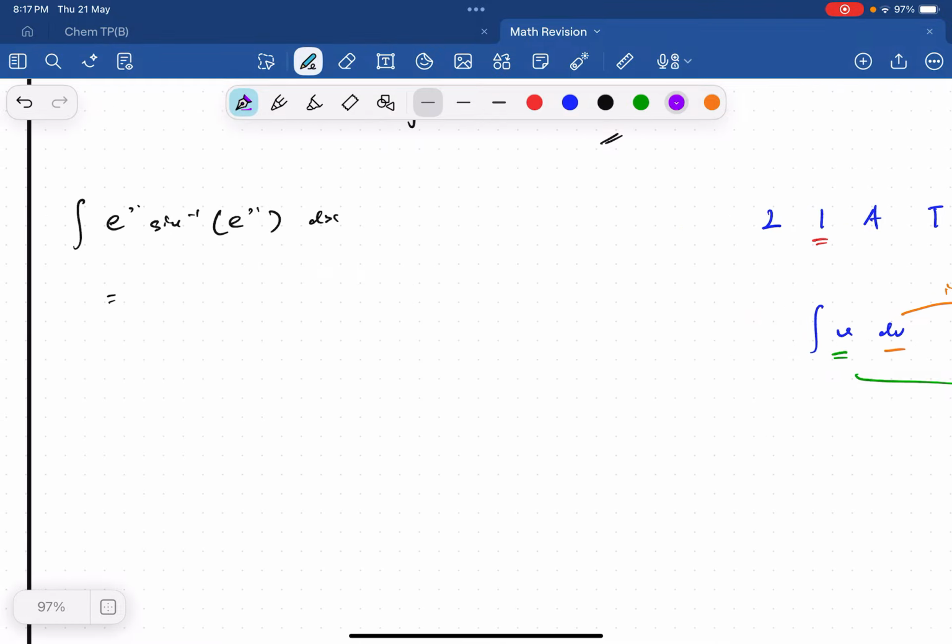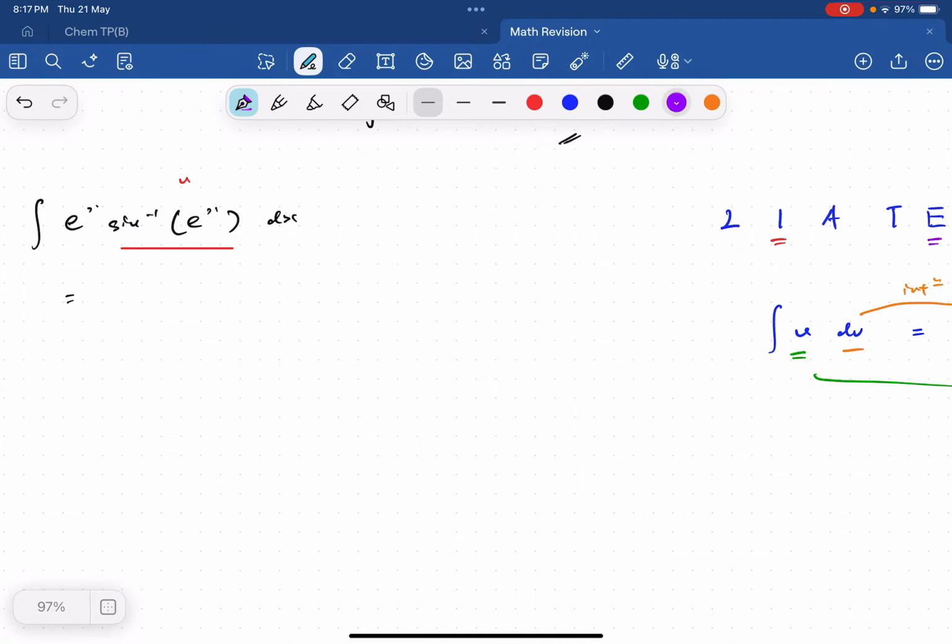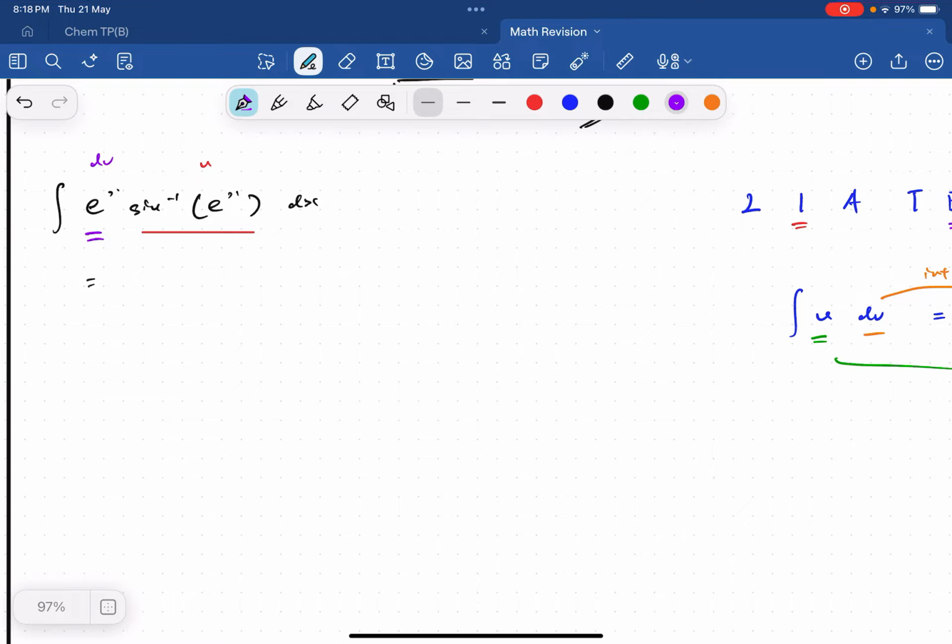So obviously I'm going to want to make my inverse trig function be u. So this is u, and then this will be v prime, or I will annotate it as dv, but it's basically the derivative of the function v.